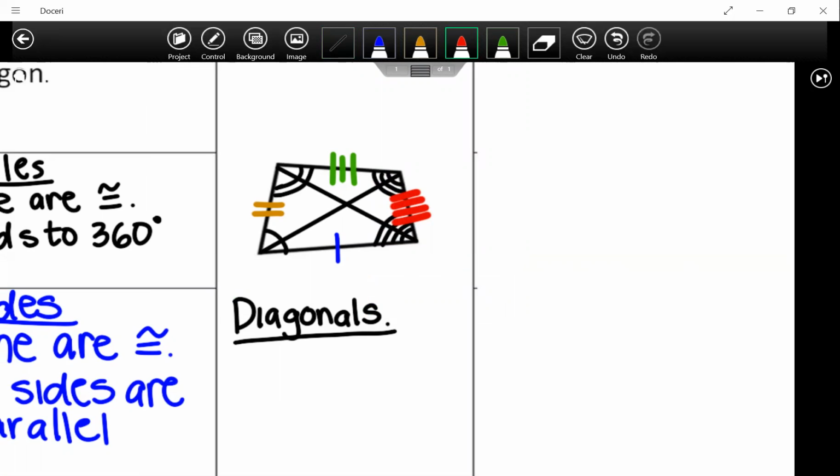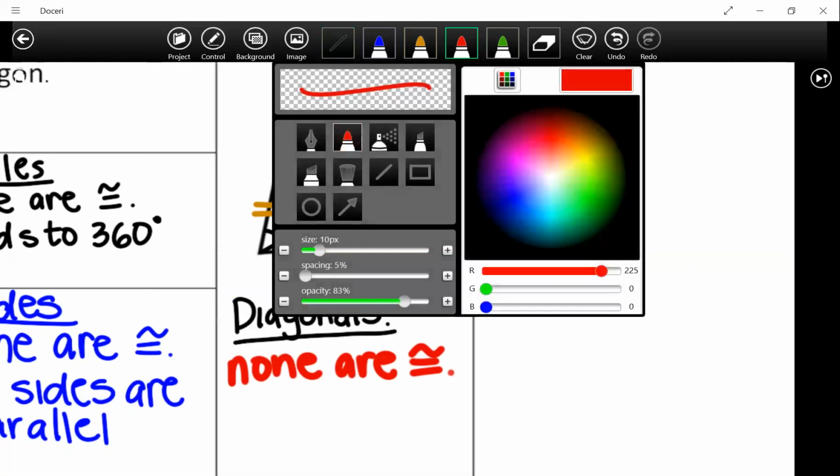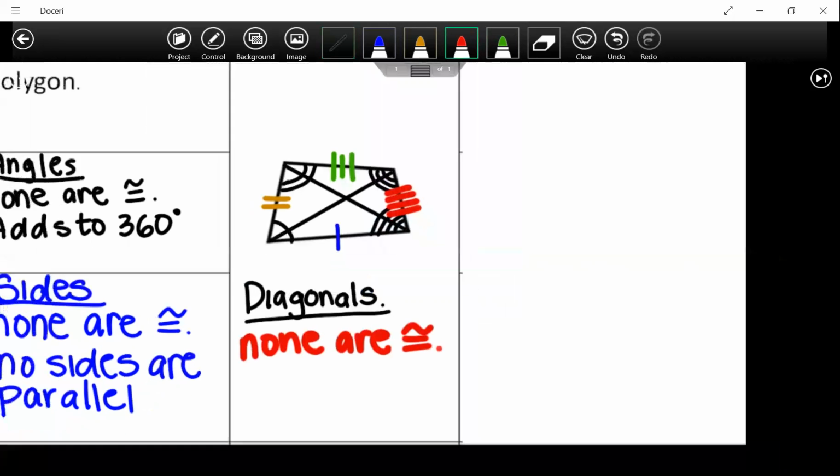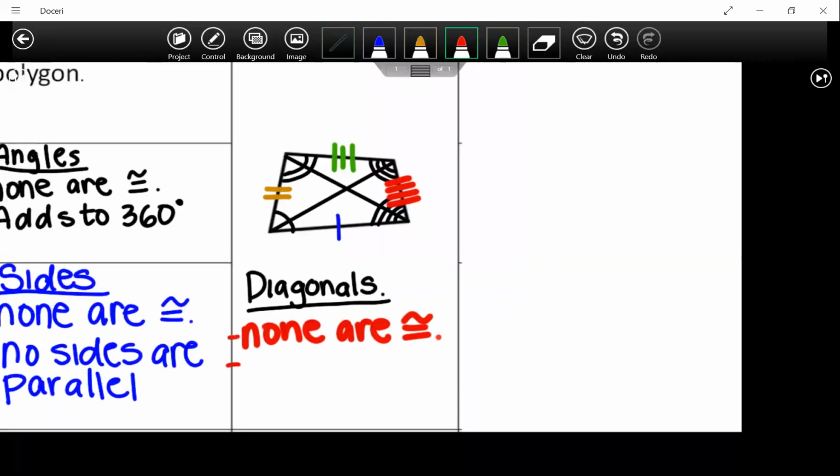Okay. None are congruent. And another thing we could say is it does not bisect. What does bisect mean?